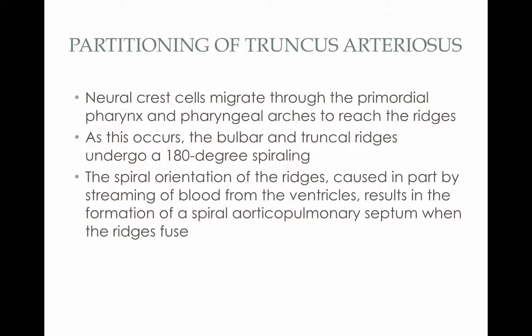We have some images coming up talking about how that spirals. If you think about a wet rag, and one end you twist clockwise, the other end you twist counterclockwise to get the water out of a rag or a towel, that's what these ridges undergo.